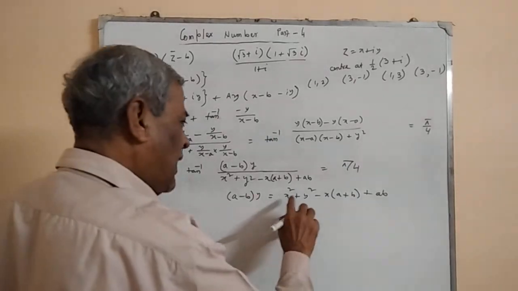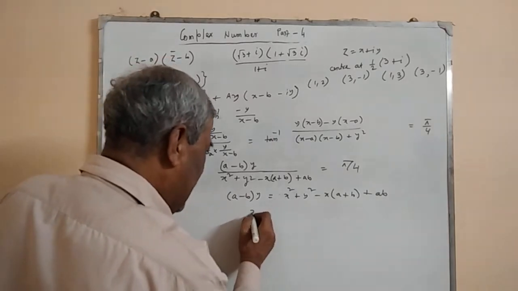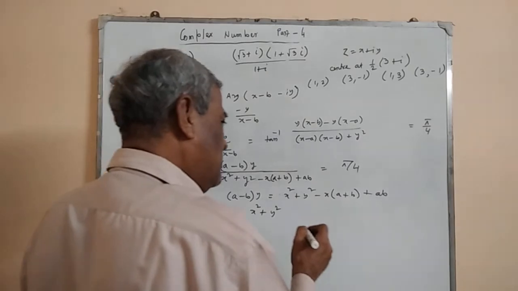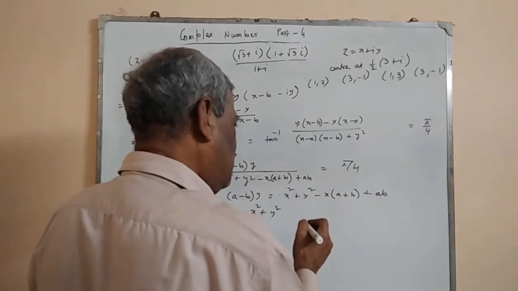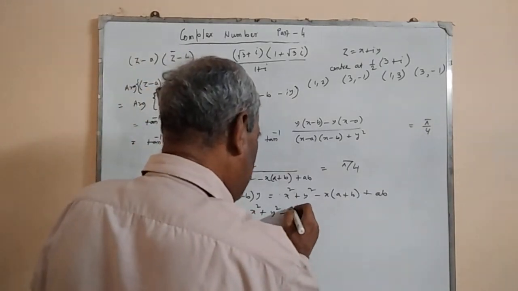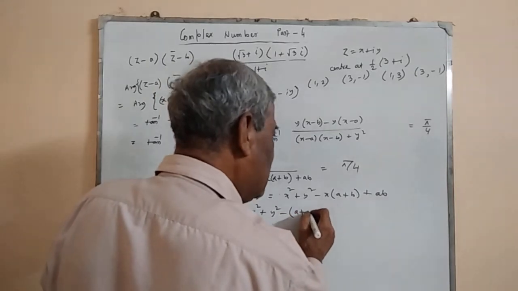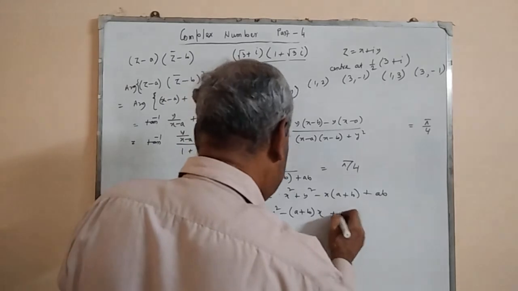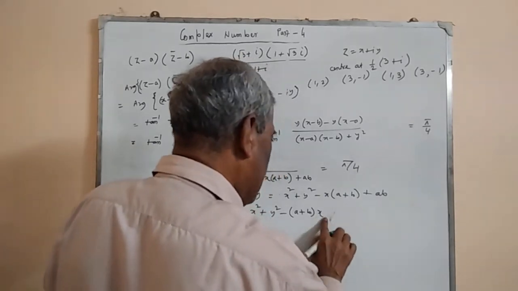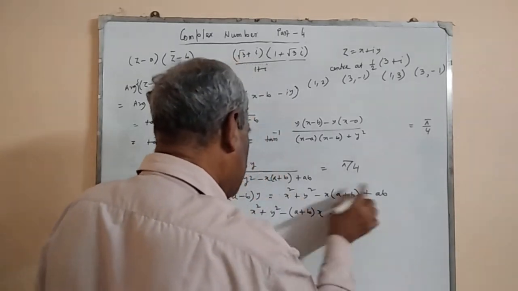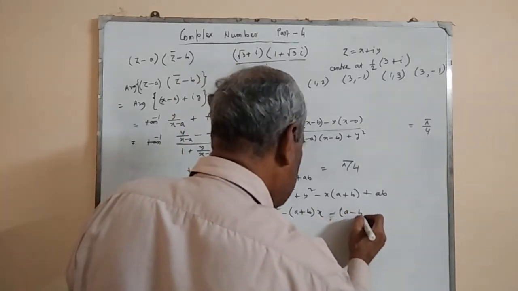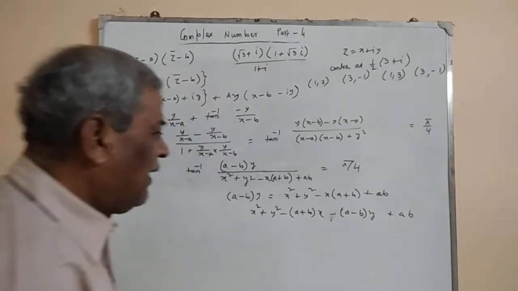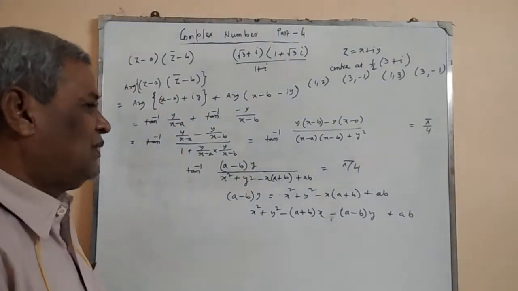Therefore, we get x square plus y square minus (a plus b) into x, oh sorry, this is also minus, on that side it is minus (a minus b) into y plus ab. So clearly, it is a circle.